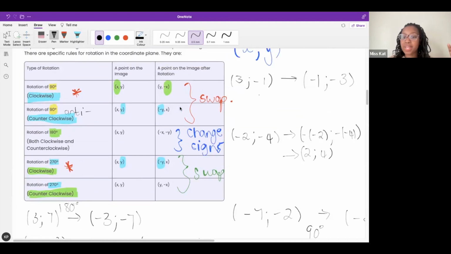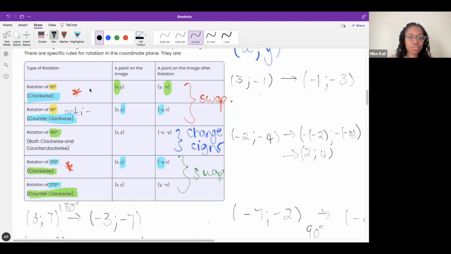Yes, ma'am. I'm afraid that someone's going to say they become negative. They don't become negative, they change sign. So if originally it was positive, then it's going to become a negative. Okay. But if originally it was a negative, it's going to become a positive. Okay. Thank you. You're welcome.